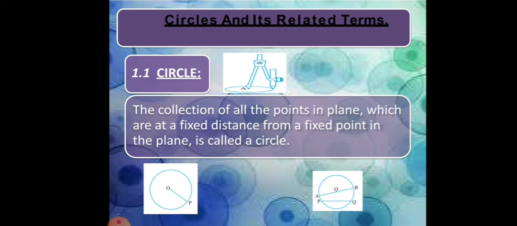In the adjoining figure, OP is the radius of the circle, O is the center, and AB, which is the longest chord and passes through the center, is called the diameter. So AB is a diameter and PQ is any chord of the circle.